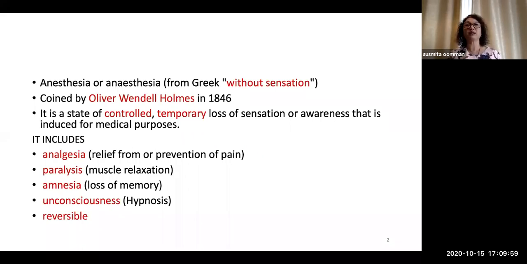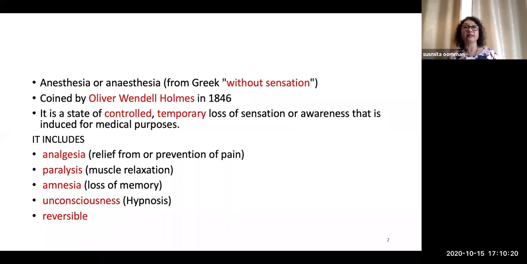So if the tone of the muscle, especially the abdominal wall, is tight, it's difficult for the surgeons to operate. So we make it easy for the surgeon to do their job in a better way, rather than fighting the muscles and trying to close the abdomen down.